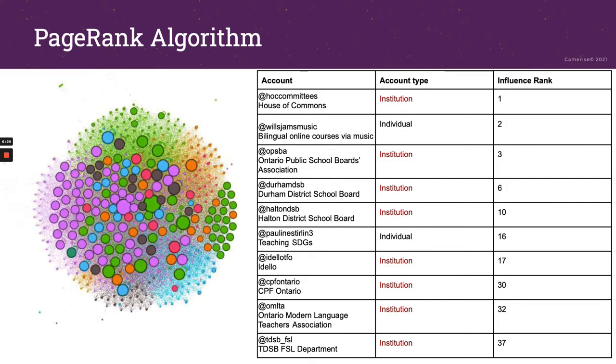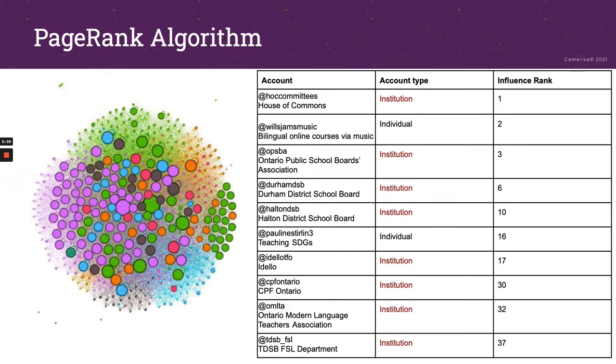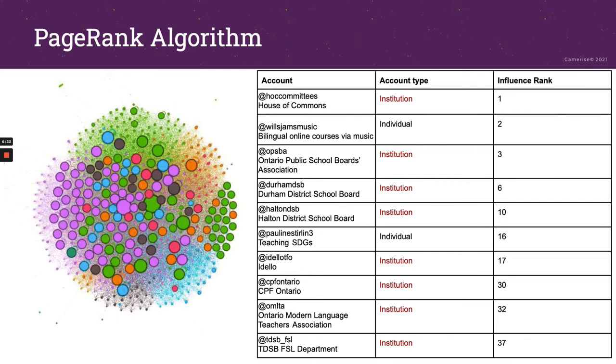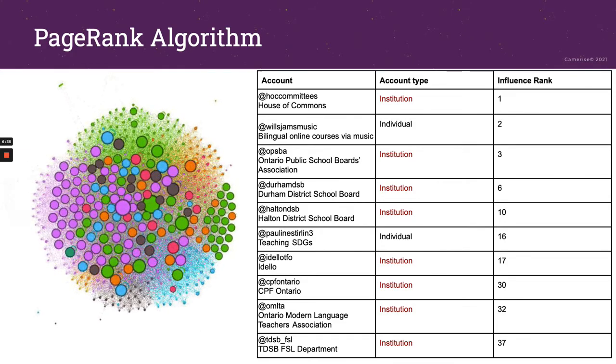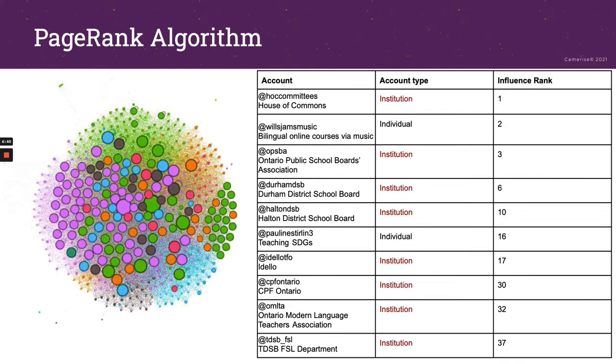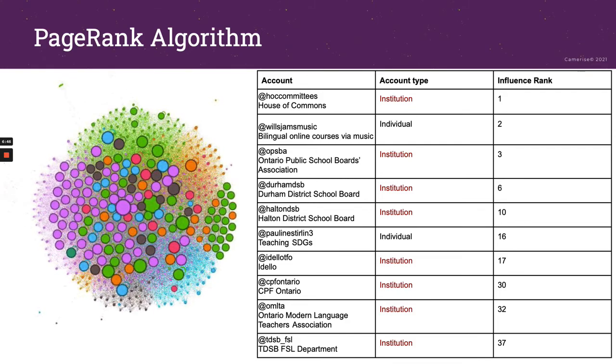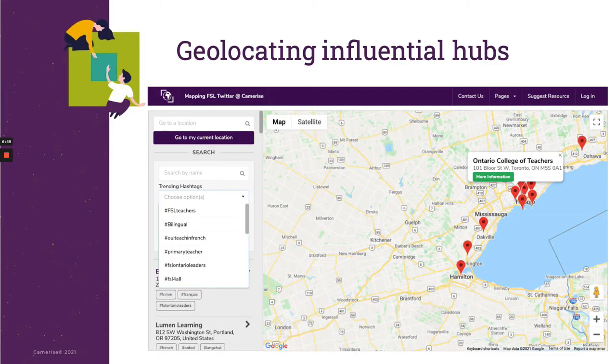The image on the left represents influence rank of a user relative to other users. Essentially, the bigger the node size, the more influential this user is in the network. And the table is a compressed version of our findings, highlighting 10 notable accounts and their influence rank according to PageRank. Finally, using the Google Maps libraries, I was able to geolocate influential hubs.